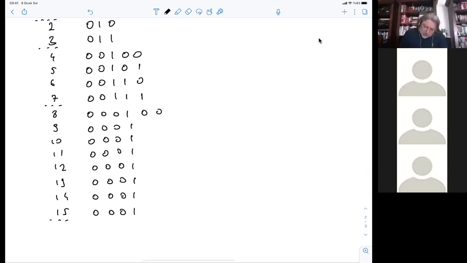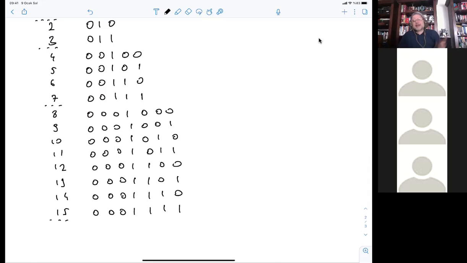So 000, 001, 010, 011, then 100, 101, 110, 111. The next will be, of course, 16 more symbols. But you get the picture.